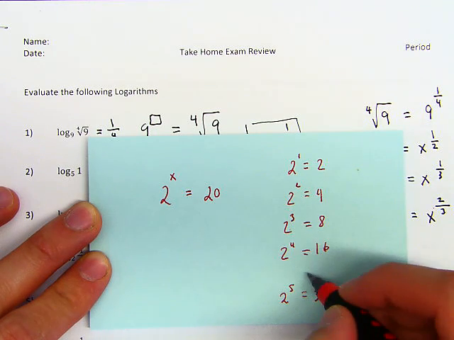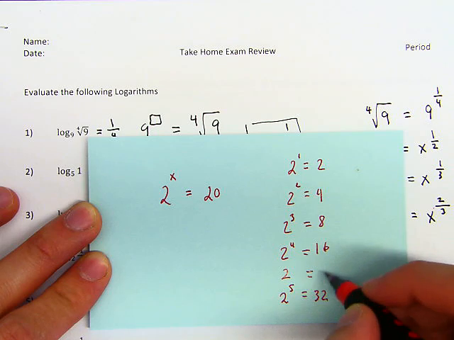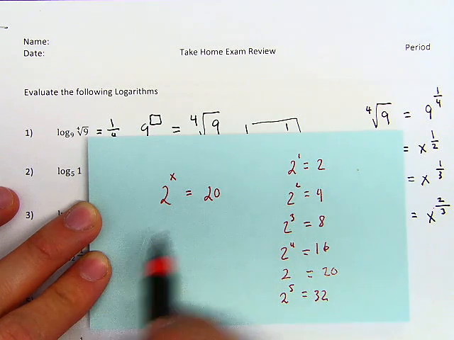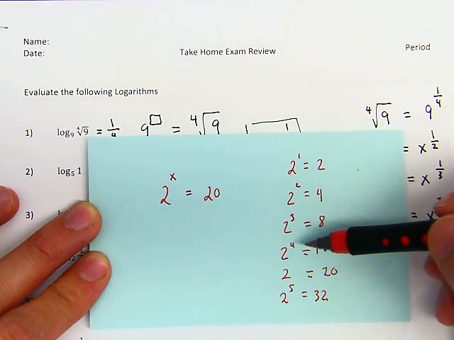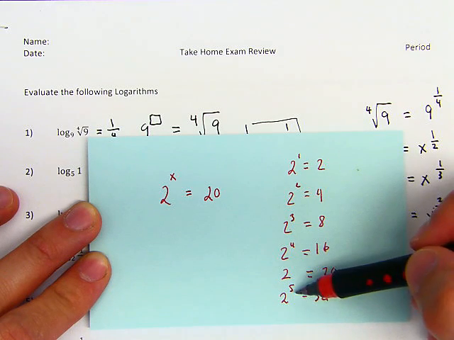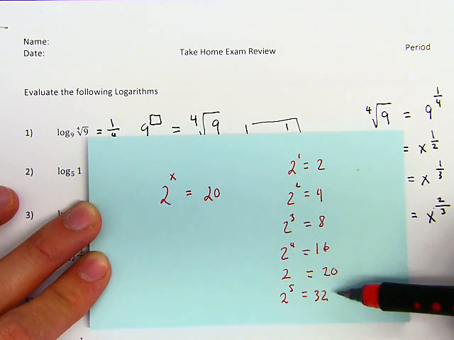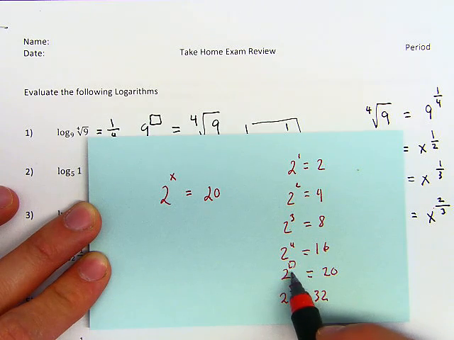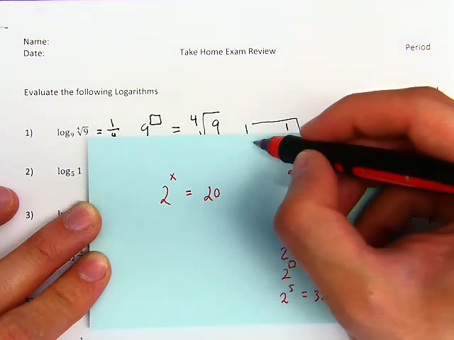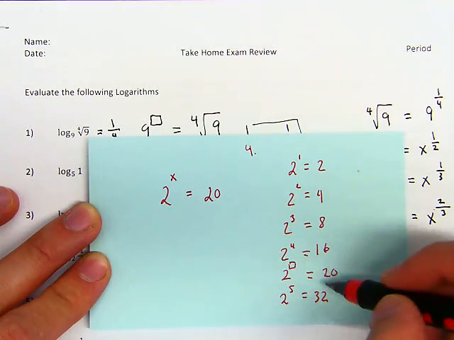But what value of x will give me 20? That's what this question is saying. 2 to what value gives us 20? Notice that it can't be 4 and it can't be 5 because at 4 it's 16, at 5 it's 32. So this value has to be some sort of decimal, like 4 point something.